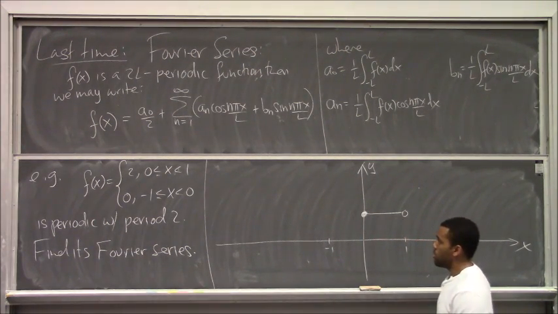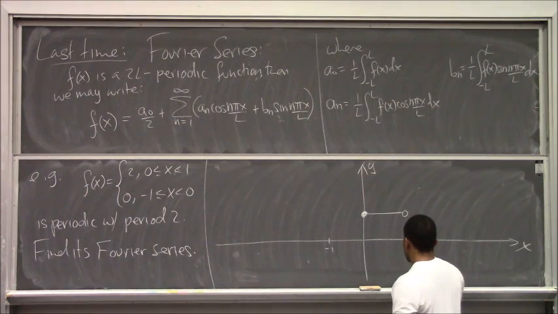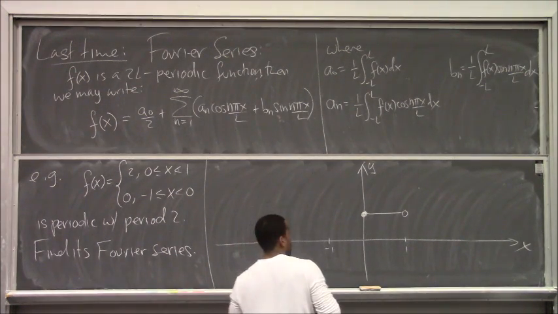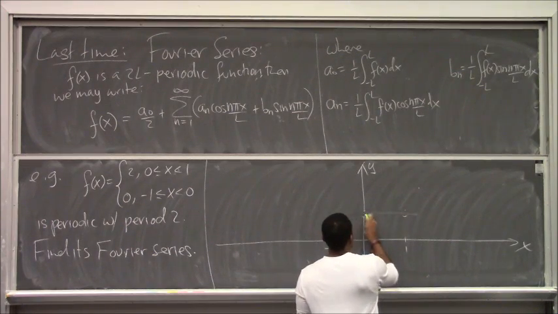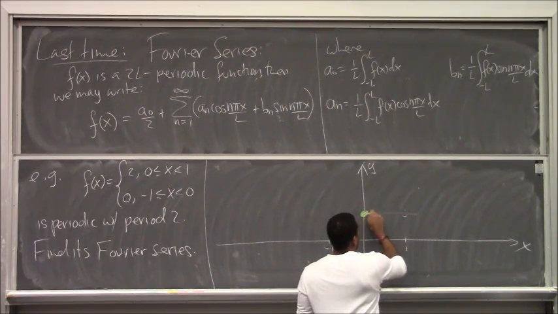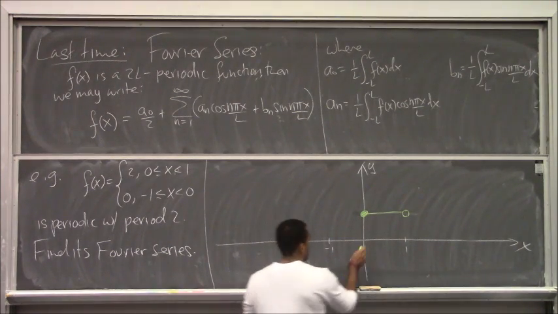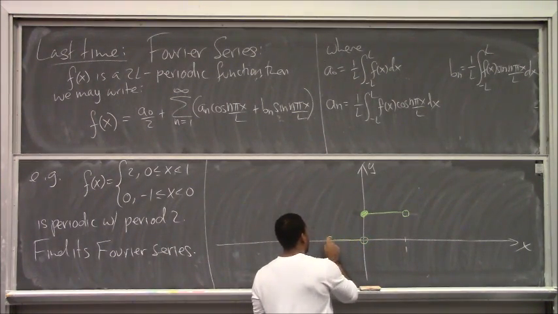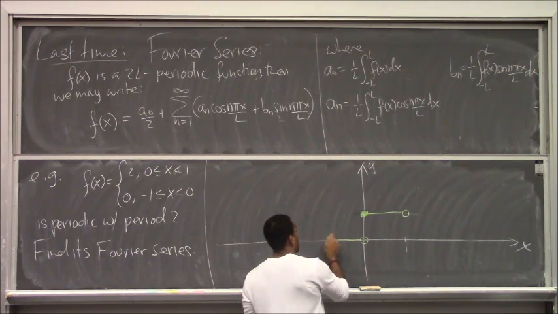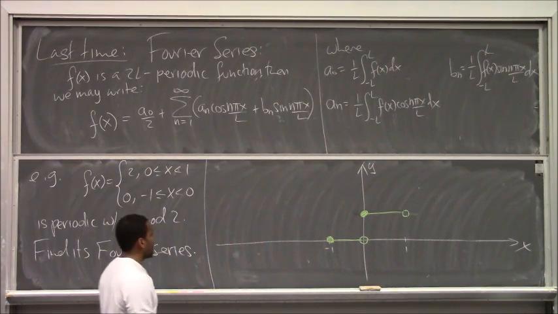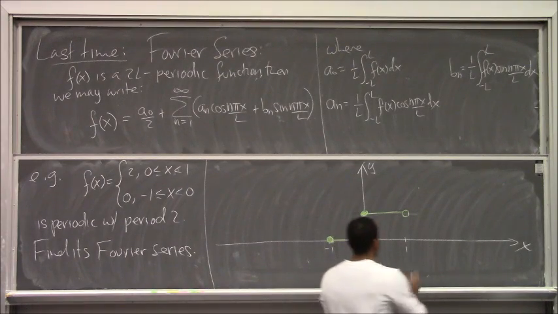And then on -1 to 0, I'll use a different color here. So that's one part, and on the other part, it is actually just 0, so where it's equal to 0 here, and not equal to 0 there. So that is the principal period, and so of course the idea is, we're thinking of this thing being repeated.